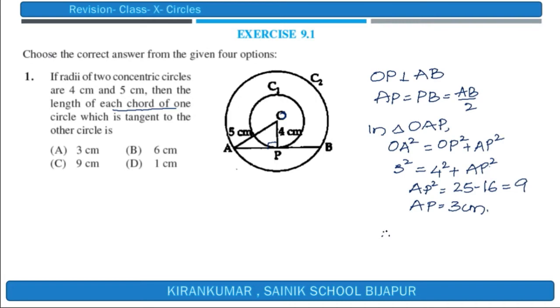Therefore, the length of AB will be 2 times AP, because of this result. So it is 2 times 3 cm, which is 6 cm. Hence the right answer is 6 cm, option B.